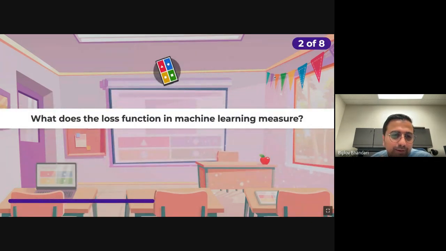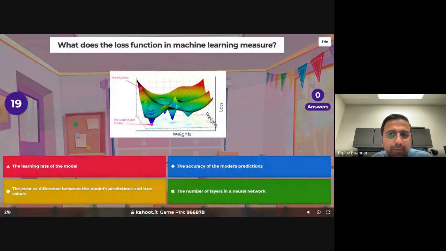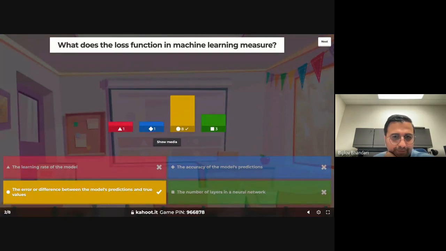Let's move on to our next question, which is a quiz. What does the loss function in machine learning measure? Remember, we talked a lot. Does it measure the learning rate, the accuracy, the error or difference between the prediction and the true value, or the number of layers in a neural network? Yes, the loss function, we talked about mean square loss, mean absolute loss, binary loss.